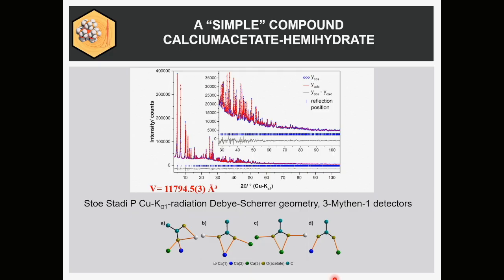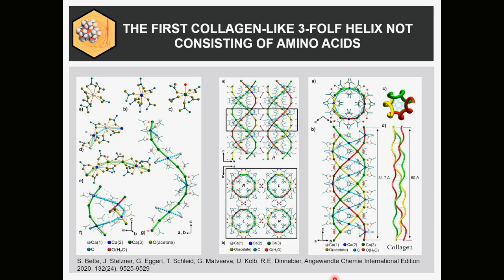And when we finally solved it, we found out there are four different environments of four different acetates. And this is the structure, which is the first helix structure, I would say the first triple helix structure like collagen, which is not from amino acids.